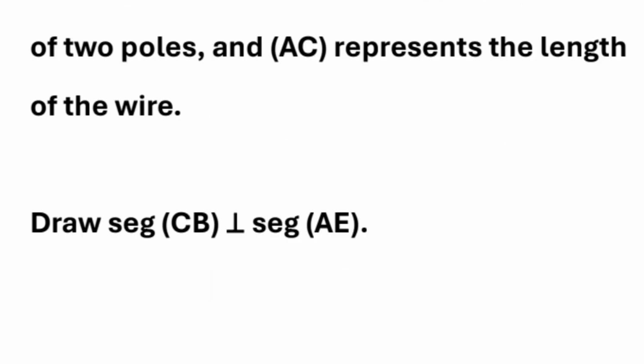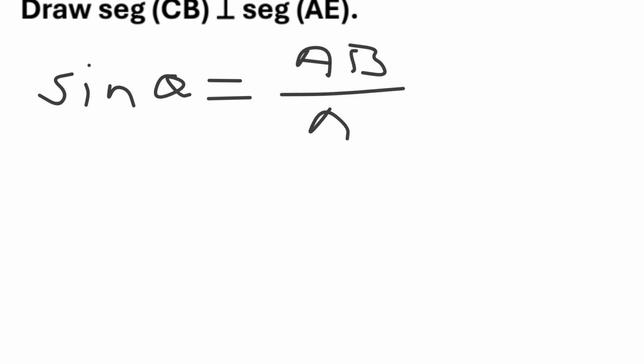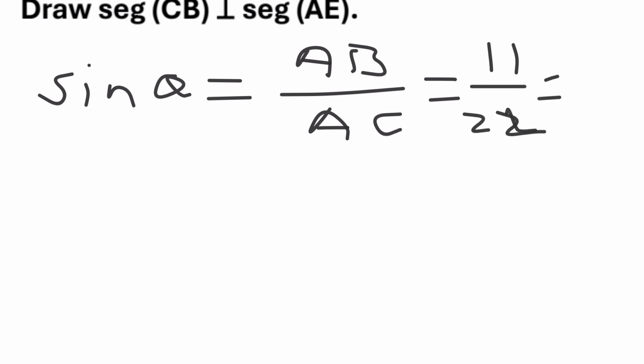So we write sin theta is equal to AB upon AC is equal to 11 upon 22. 11 ones are 11, 11 twos are 22. Means sin theta is equal to 1 upon 2.